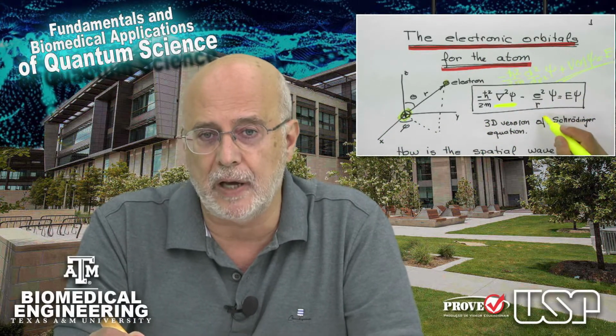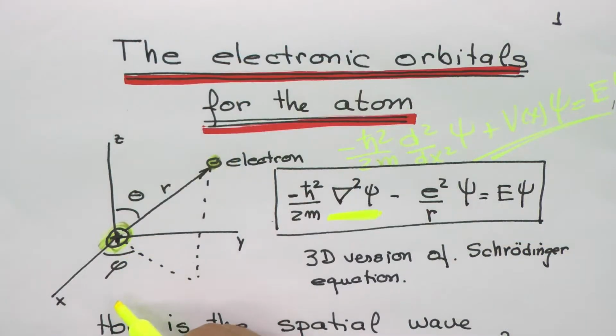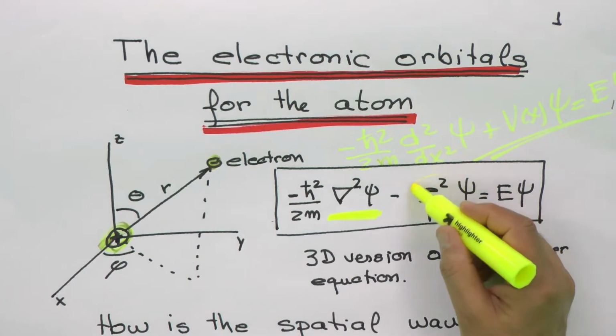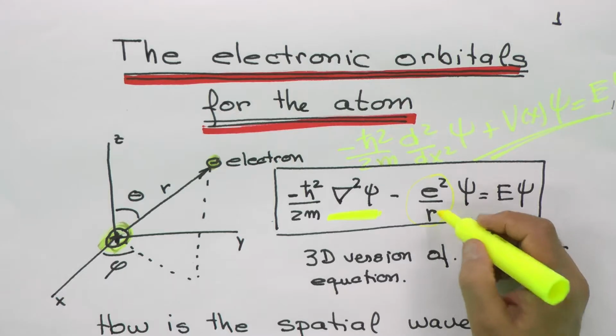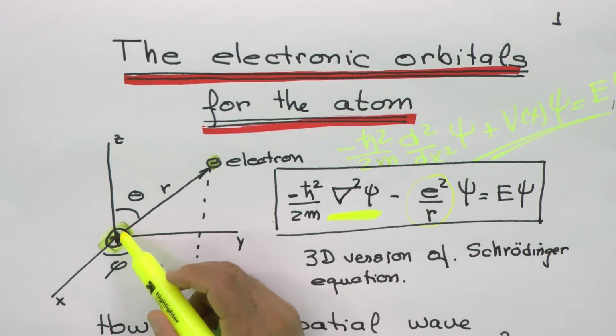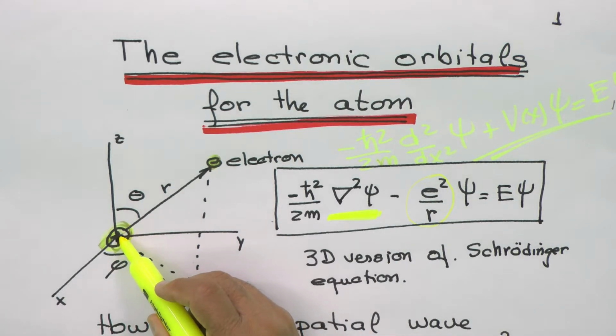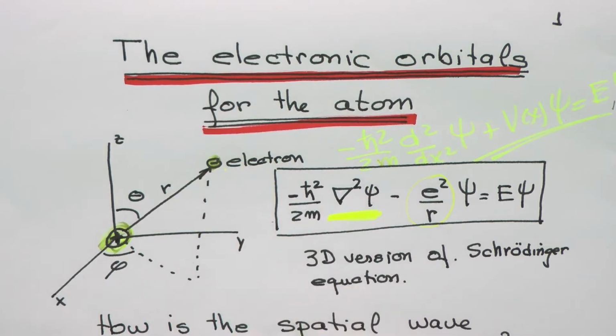And the potential now, as you know, the atom has as potential the Coulomb potential. So we have 1 over r as the dependence of the potential times the charge of the electron squared. And normally, because both the nucleus and the electron have the same charge, the product divided by the distance is the potential.